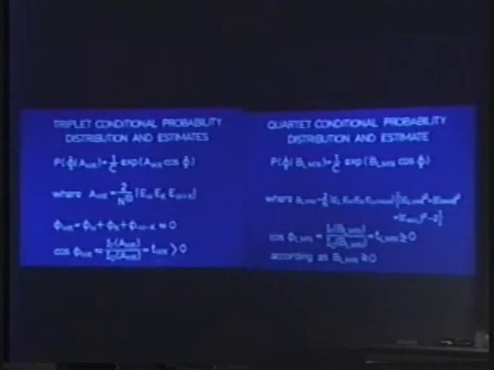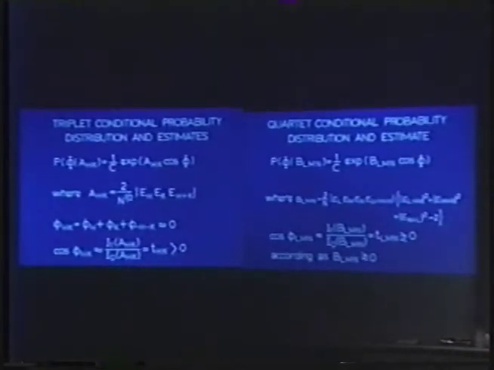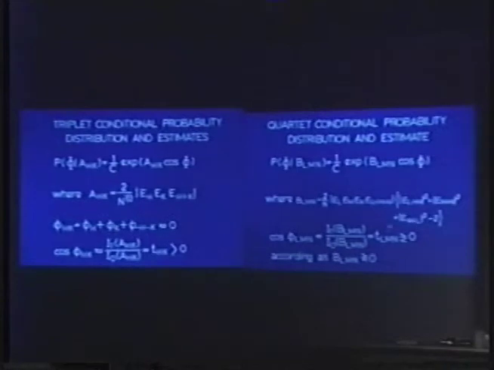There is, however, one important difference between this distribution for quartets and this distribution for triplets, and that is that the parameter B, on which this distribution depends, may now be positive or negative, depending upon the value of this expression in braces. If the parameter B is positive, the expected value of the cosine is greater than 0. If the parameter B is negative, the expected value of the cosine is less than 0.